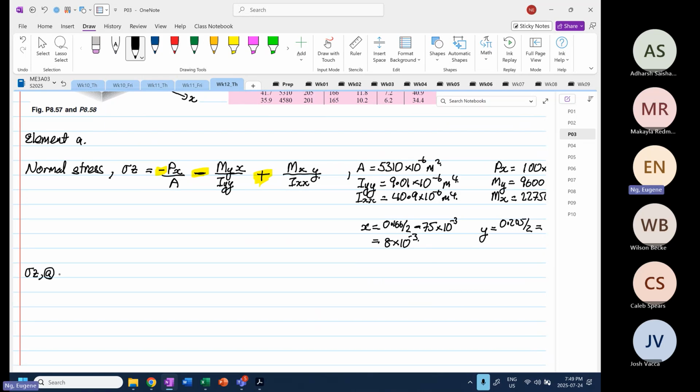Stress Z of element A is equal to minus 100 times 10 to the power 3 divided by 5310 times 10 to the power minus 6, minus My, which is equal to 9600, multiplied by x, which is 8 times 10 to the power minus 3, divided by Izz, which is equal to 40.9.